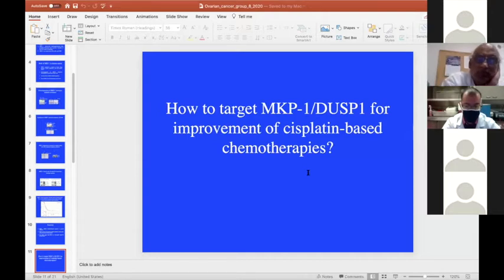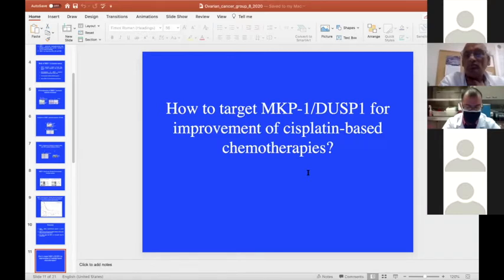Of course, the direct way is to develop a small molecule to target MKP1. As you know, currently everybody targets the kinase, but a phosphatase is much more difficult and very challenging because there is an overlap of substrates, and also you start with a level that is not that high, and then you want to decrease it even lower.